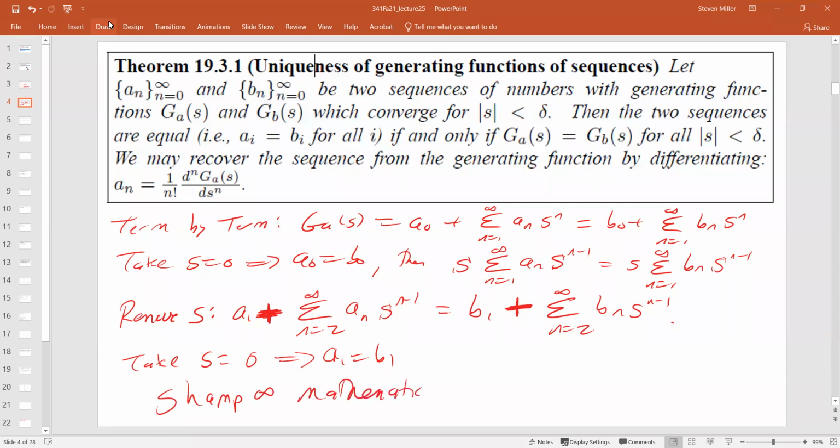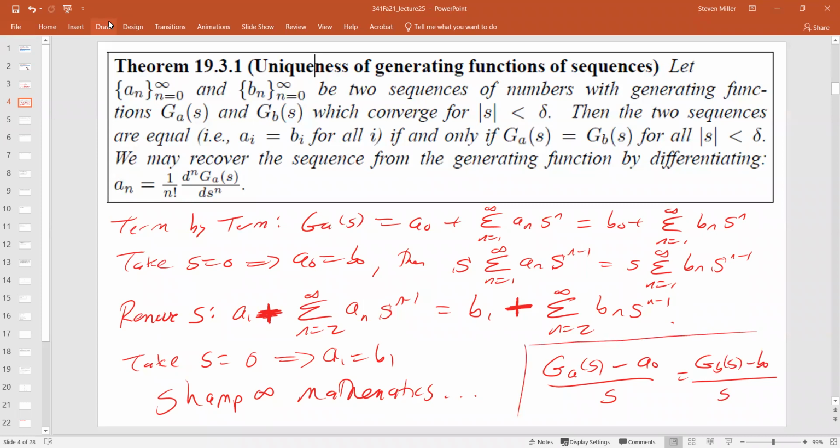Lather, rinse, repeat, just keep doing this again and again, and we can just read it off term by term. In some sense, what's really going on is we look at (G_A(s) minus a_0) over s equals (G_B(s) minus b_0) over s. Really, that's what's going on in the background.